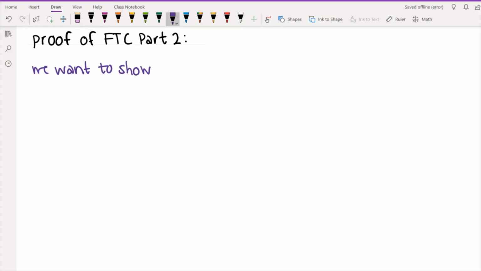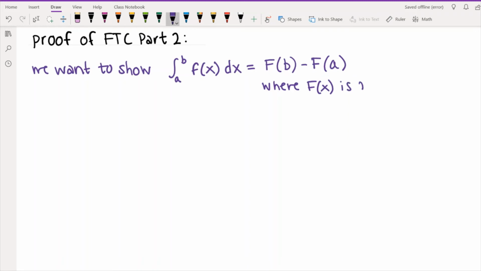We want to show that if you take the integral from a to b of f of x dx, that is equal to the antiderivative evaluated at b minus the antiderivative evaluated at a, where capital F of x is any antiderivative of little f of x.